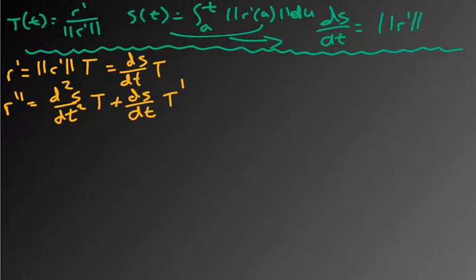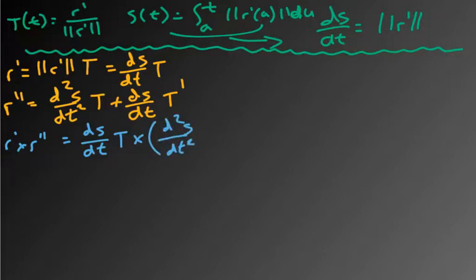Then I'm going to do r prime cross r double prime. I'm just going to write in what r prime is, and then crossed with r double prime. For a situation like this, you can sort of distribute in here.